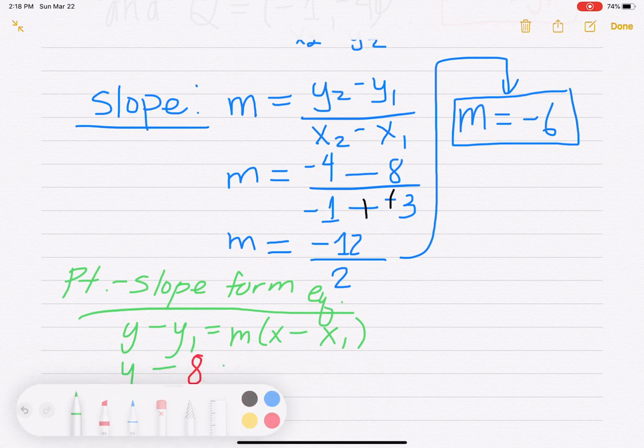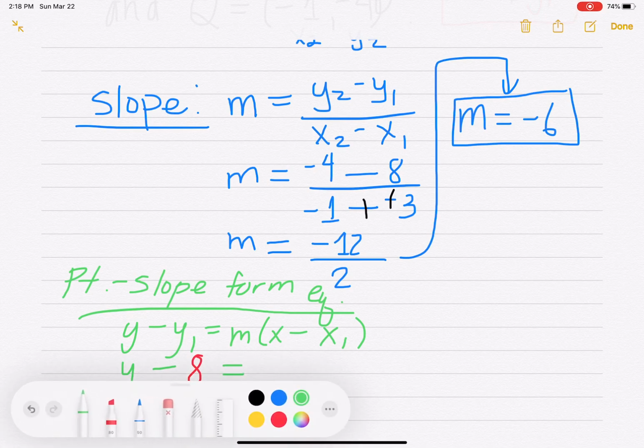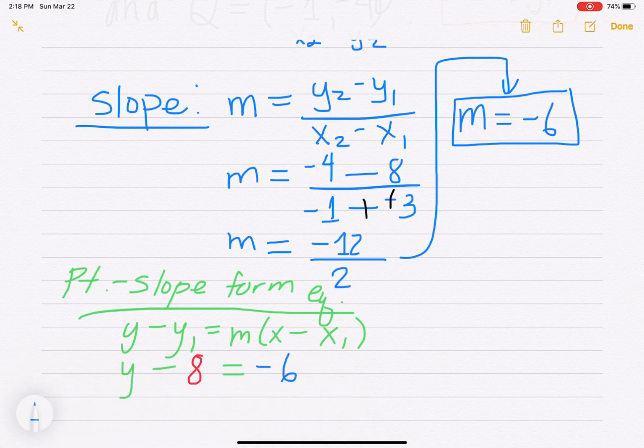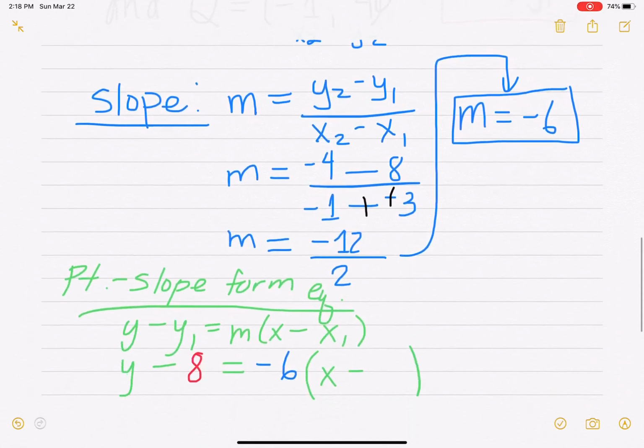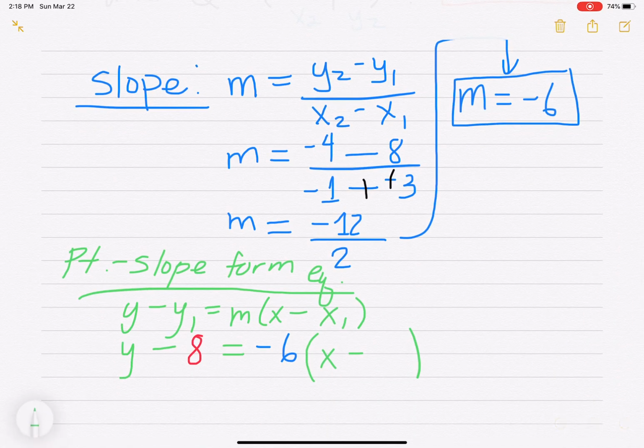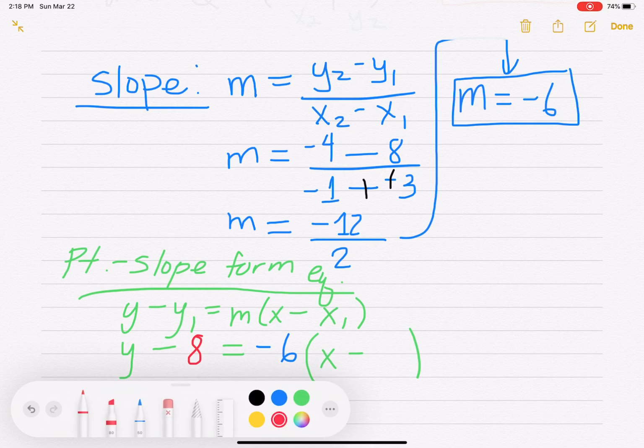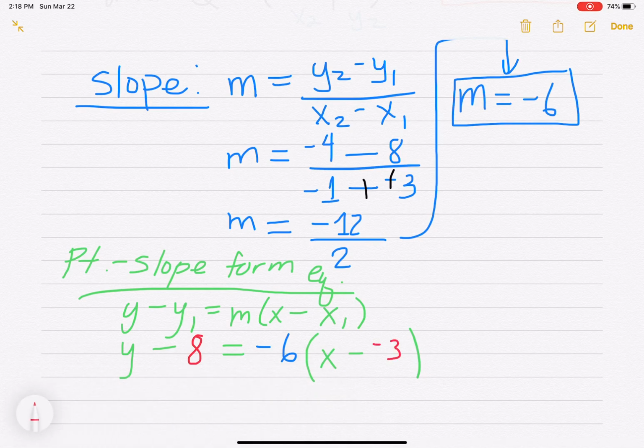Equals m, which we just calculated was negative 6, multiplied by x minus x1. What was x1? It was minus 3. So I plugged in negative 3 for x1, 8 for y1, and negative 6 for m.